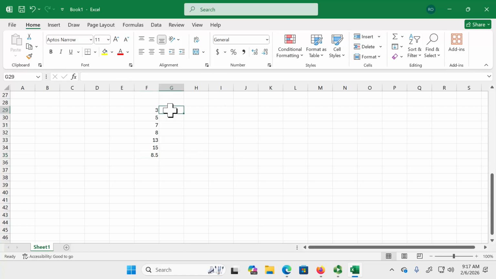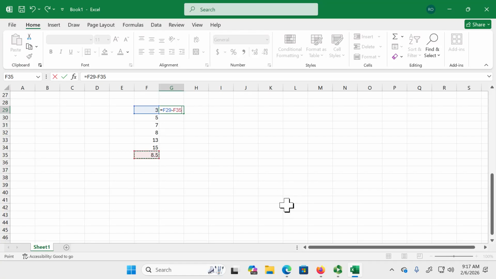So next to the 3, we want to subtract the average from the 3. So we need equals whatever is in that spot right there. I've got mine in F29. Minus, and then I'm going to click on the cell with the average. I'm going to copy this down, so I need to lock the cell reference to the average.